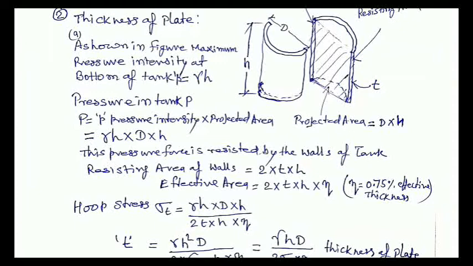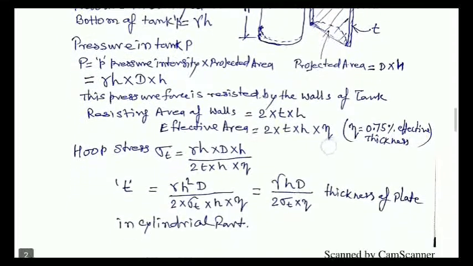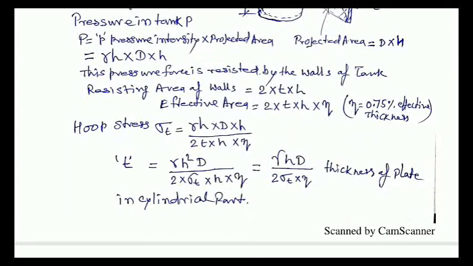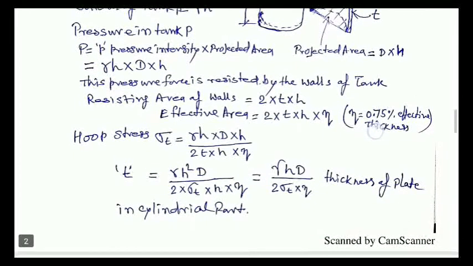So the total area of the two walls will be 2 times T into H, where T is the thickness of the plate and H is the height of the cylindrical vessel. So the effective resisting area will be 2 times T into H into eta. Here we are assuming eta as the efficiency of the plate, meaning the section may vary from place to place. So we are taking eta equal to 0.75 as shown here. It will be the effective thickness.